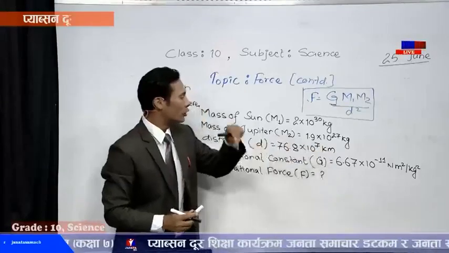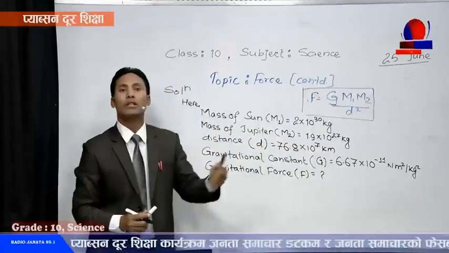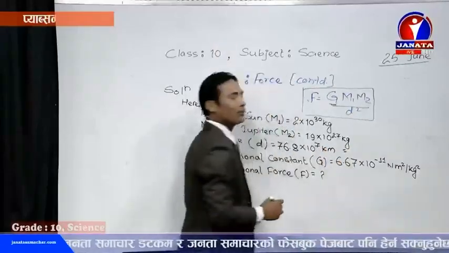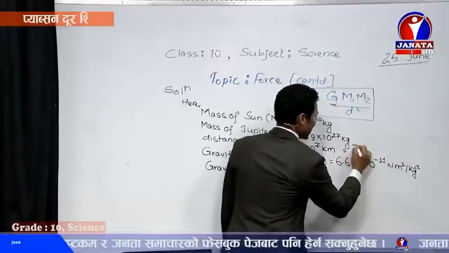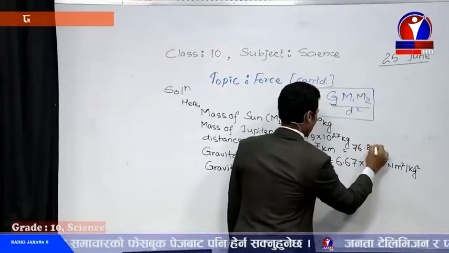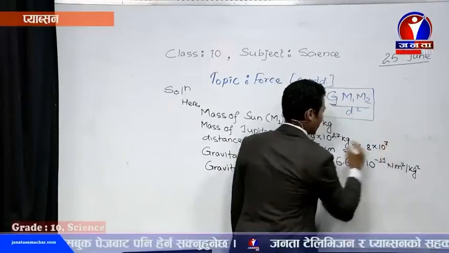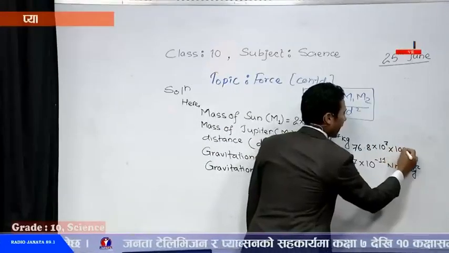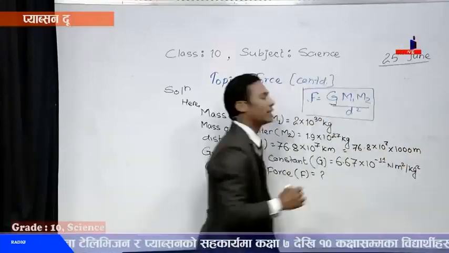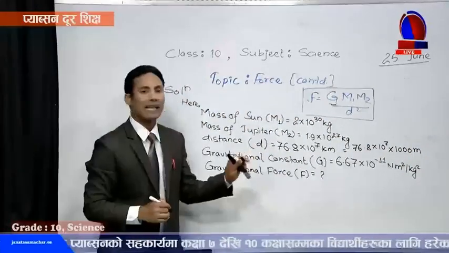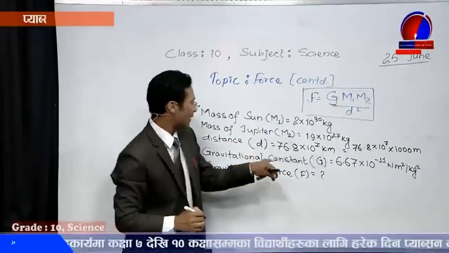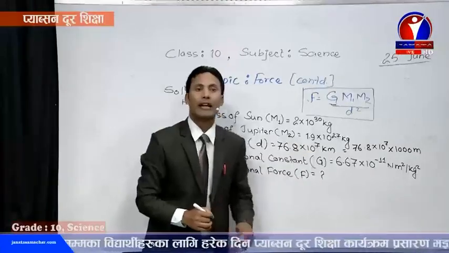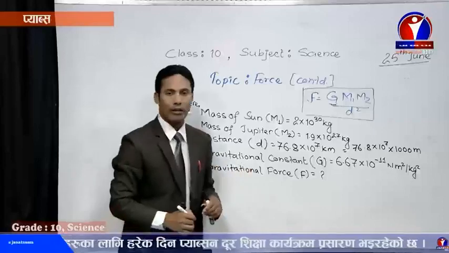So we need to change kilometer into meter, and for that we need to multiply by 1000. So 76.8 into 10 to the power 7, multiplied by 1000. Now it is in meters, the SI unit, and the gravitational constant is also in SI units. Now we can proceed with this numerical problem.